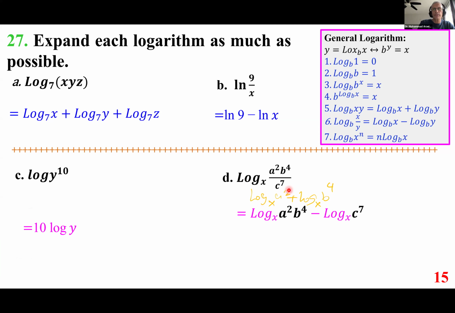Now this one, 2 sits in front, this one 4 sits in front, minus this one 7 sits in front. So it's very straightforward, everybody. And we are going to move on.